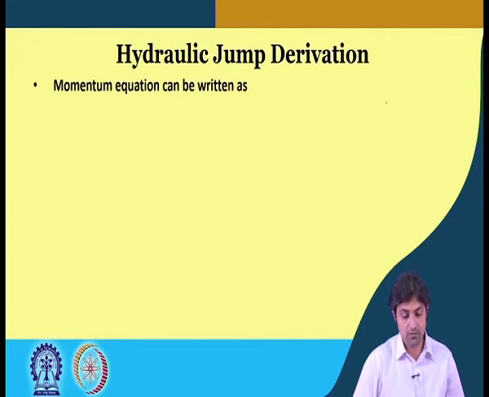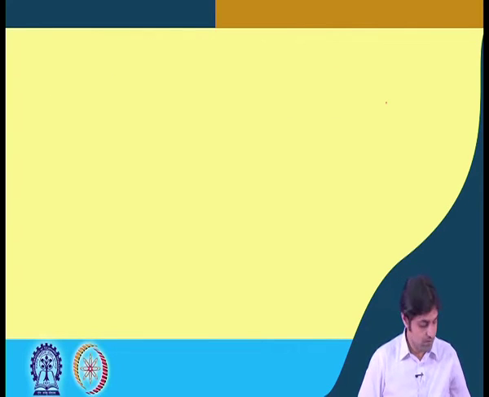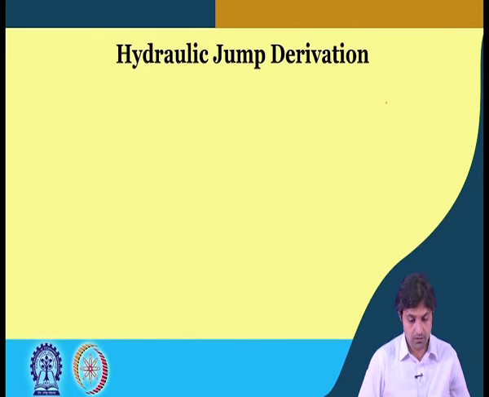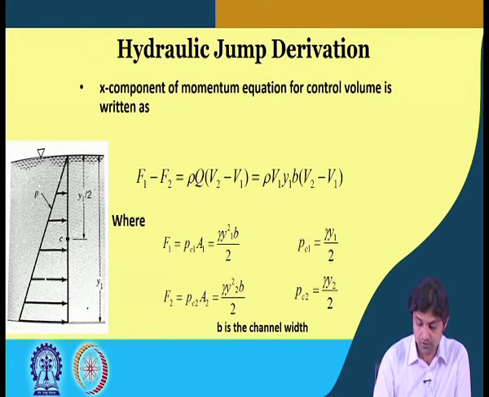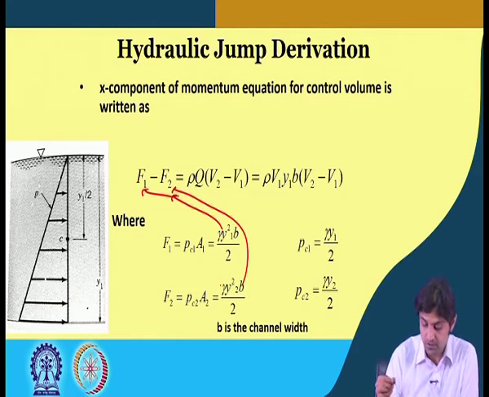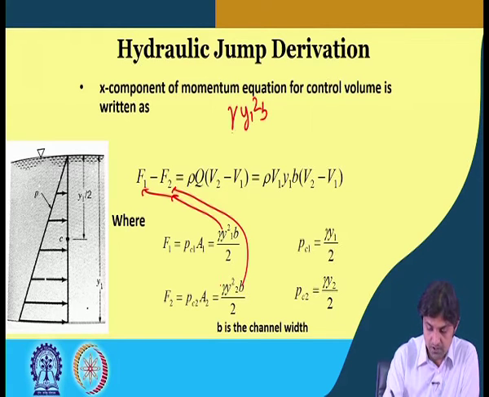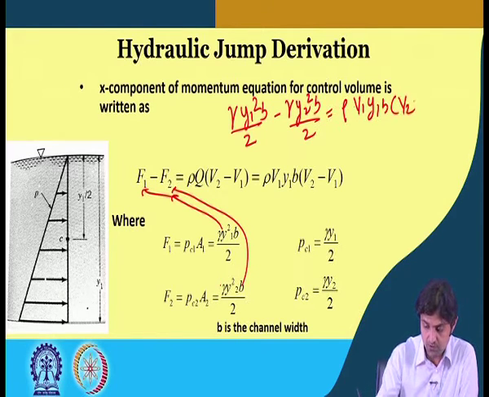So, this momentum equation can therefore be written as, let us try substituting it here: gamma y1 square b by 2 minus gamma y2 square b by 2 is equal to rho v1 y1 b into v2 minus v1.